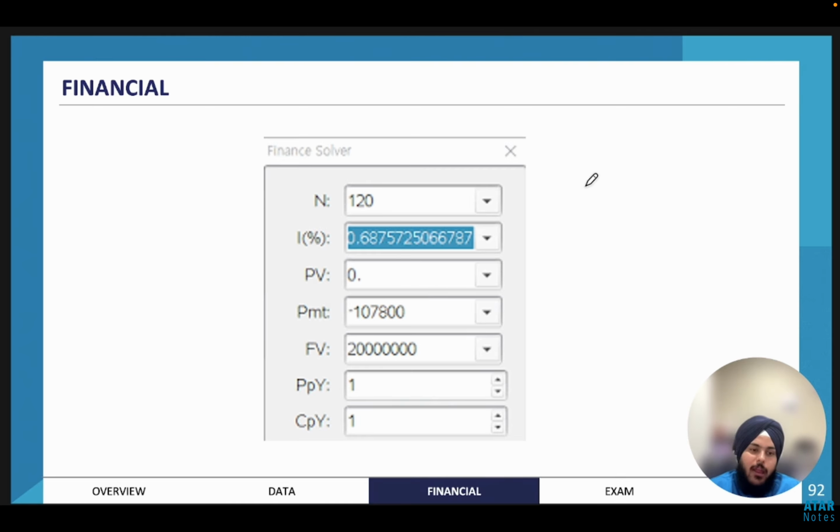The PPY and the CPY are the number of compounding periods in a year: how many times the interest is compounded, and how many times the principal is compounded in a year, which will usually always be the same.